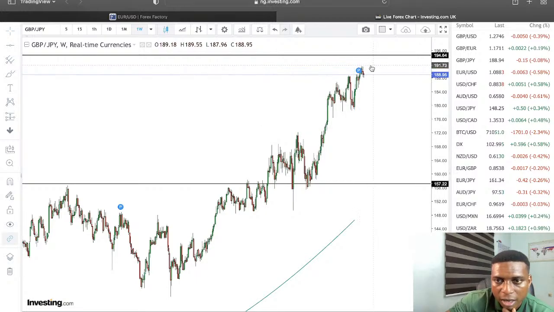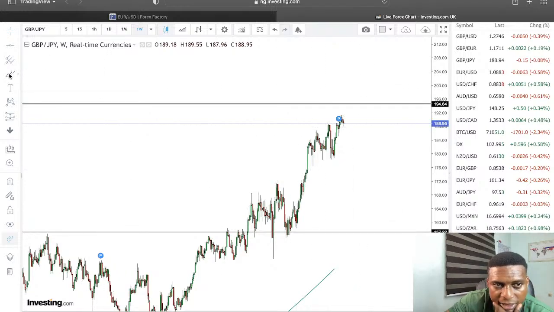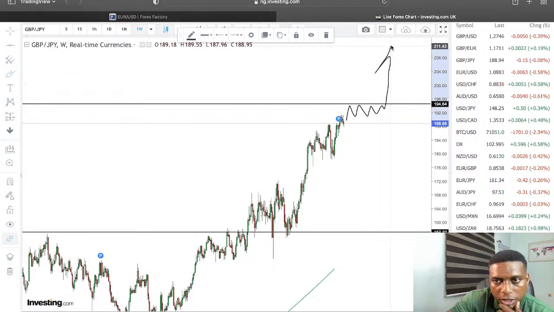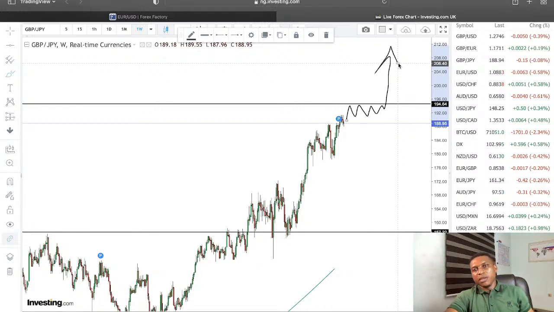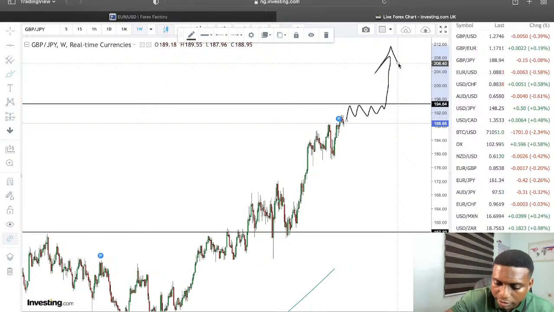That would most likely occur at this level, where price would push up and would consolidate a bit at this level before finally breaking out.